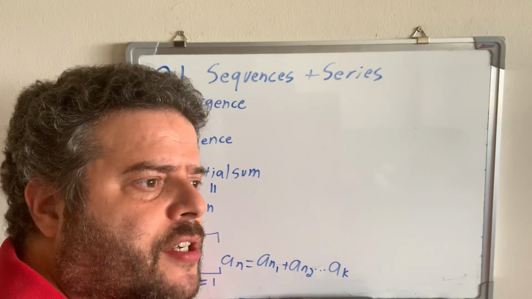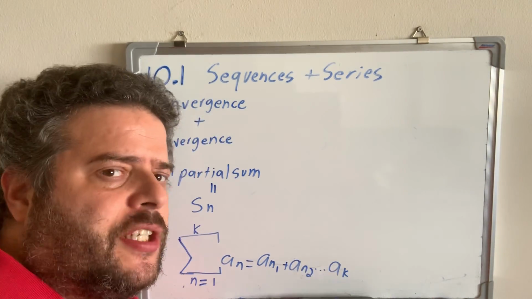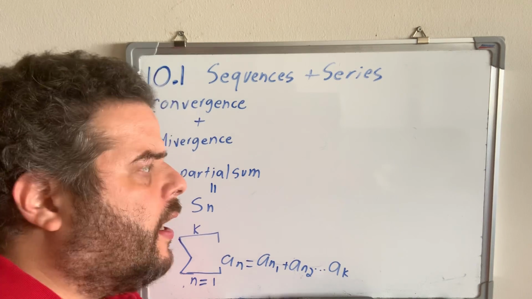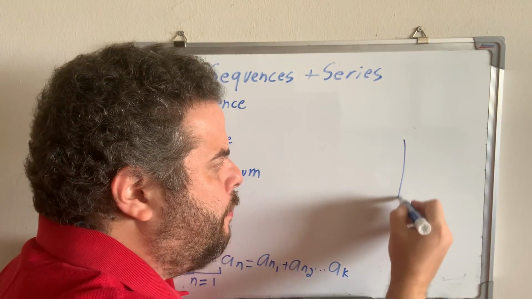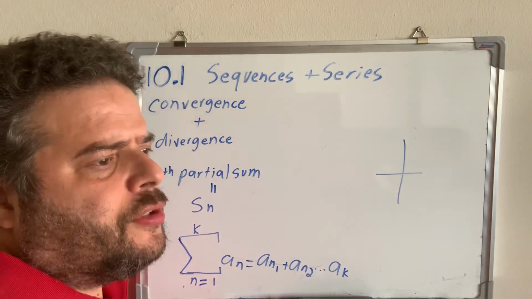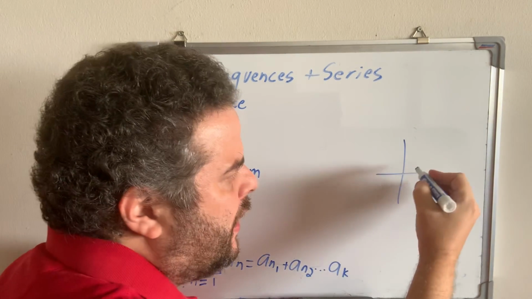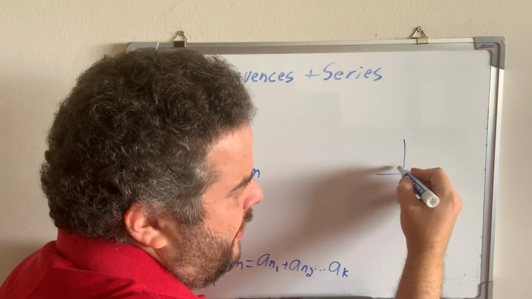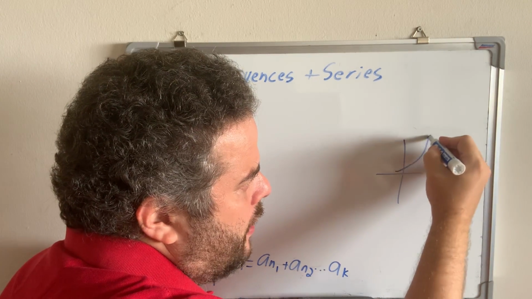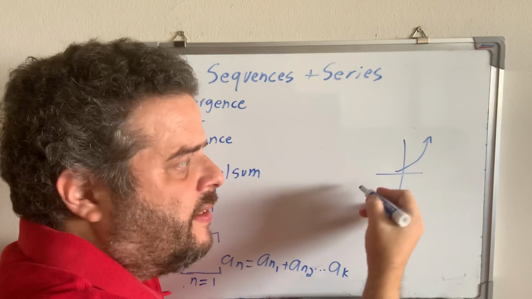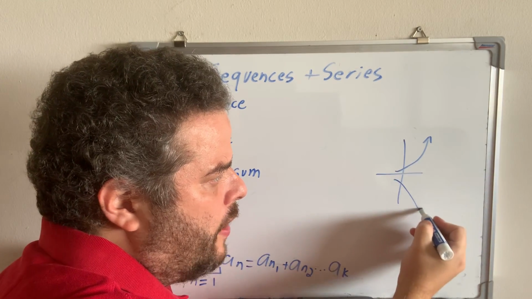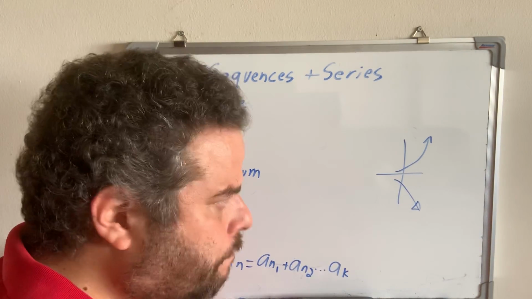This is pretty much a definition, and it's a pretty straightforward definition. If you remember end behavior, what value does y approach as x approaches infinity? We could have as x approaches infinity, y approaches infinity. As x approaches infinity, y approaches negative infinity.